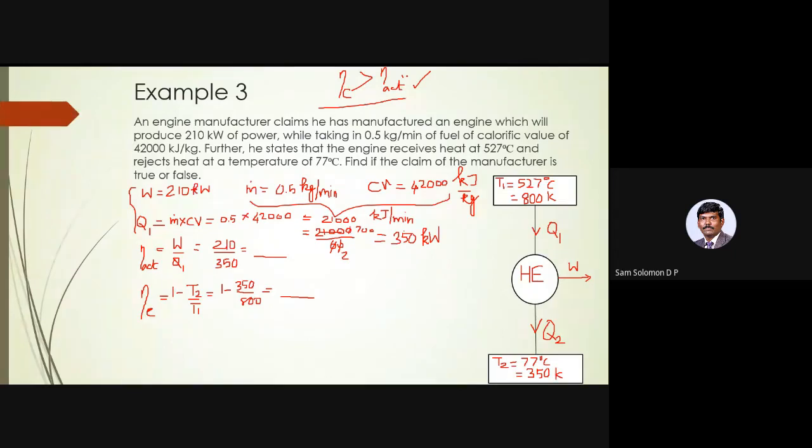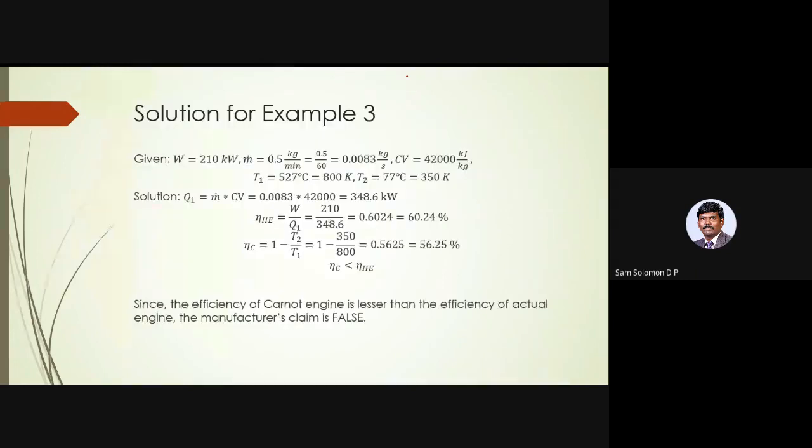If you substitute the values, you would be able to say whether the efficiency of the Carnot cycle or of the actual cycle is greater. So let's check what the real answer is. Here I have written the heat engine, which is the actual efficiency. Actual efficiency is 60.24 and the Carnot efficiency is only 56.25.